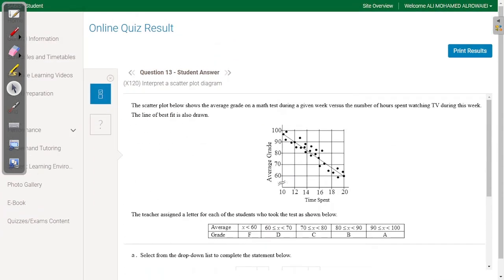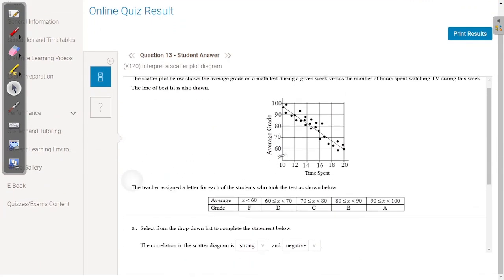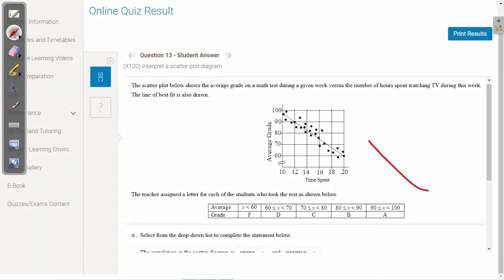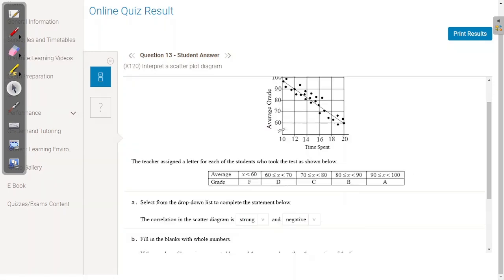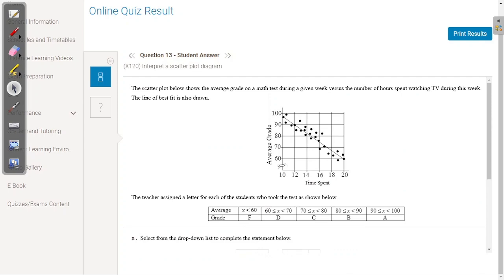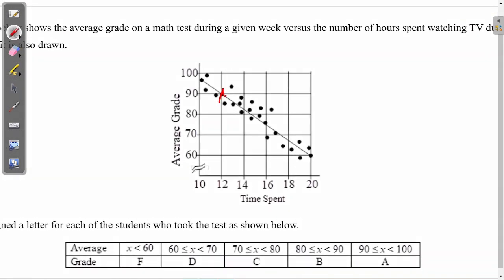It's strong because look, all the points are together, and negative because it's going down, like this. The equation of the line. Okay, so you find 2 points. This one, 12, 90, and 20, 60.